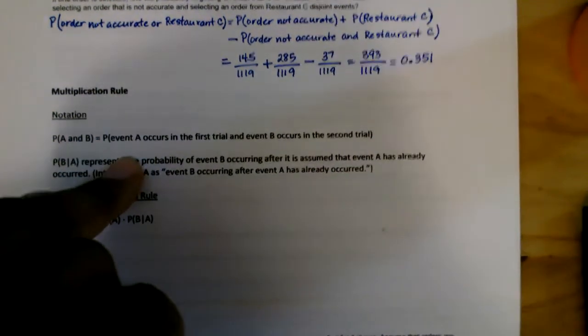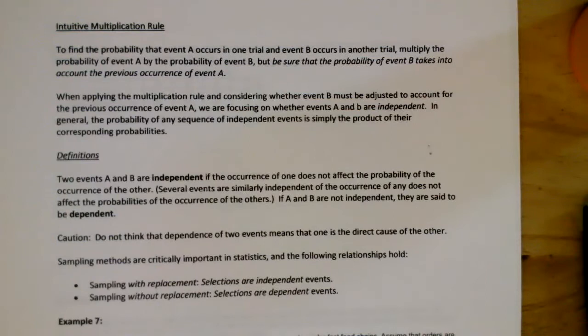All right, next page is the intuitive multiplication rule. So here, to find the probability that event A occurs in one trial and event B occurs in another trial, you multiply the probability of event A by the probability of event B, but be sure that the probability of event B takes into account the previous occurrence of event A. So when we apply the multiplication rule and consider whether event B must be adjusted to account for the previous occurrence of event A, we are focusing on whether events A and B are independent.